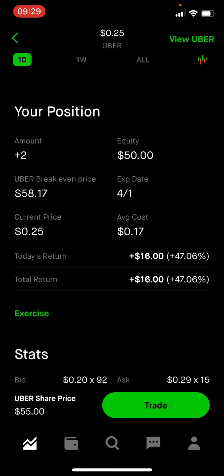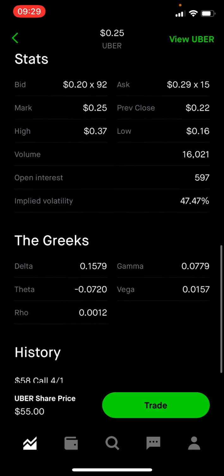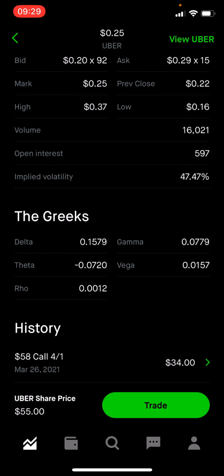But one thing to remember is that 1 to 2 weeks before the expiry date, there are a lot of things coming into play, and I'll talk a little bit about the Greeks. These are very important things. I will have a video just dedicated to this, but one thing to remember is that theta is time decay. You multiply that by 100, because an option contract is 100 shares, based on the description we just read.